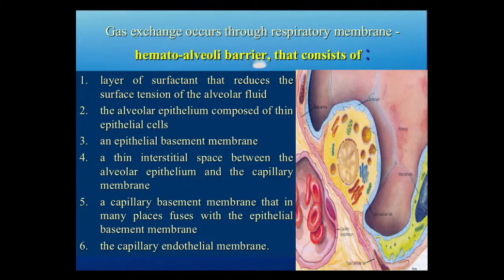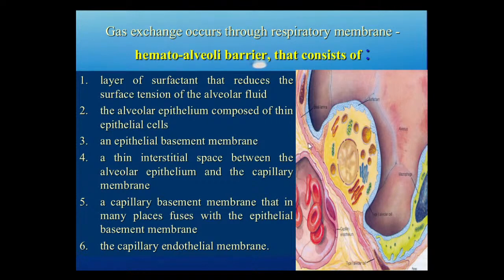That consists of the next layers. It's a layer of surfactant, you can see here, blue color. Surfactant reduces the surface tension of the alveolar fluid. It's alveolar epithelium, which is composed of thin epithelial cells. It's epithelial basal membrane.